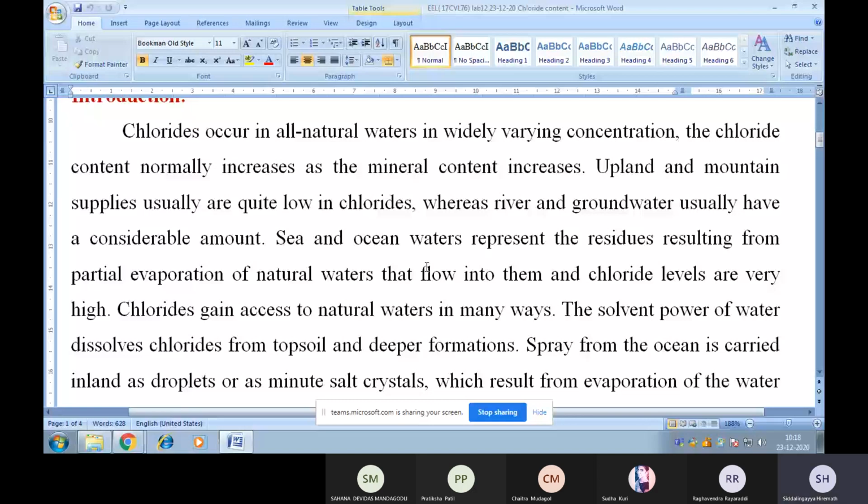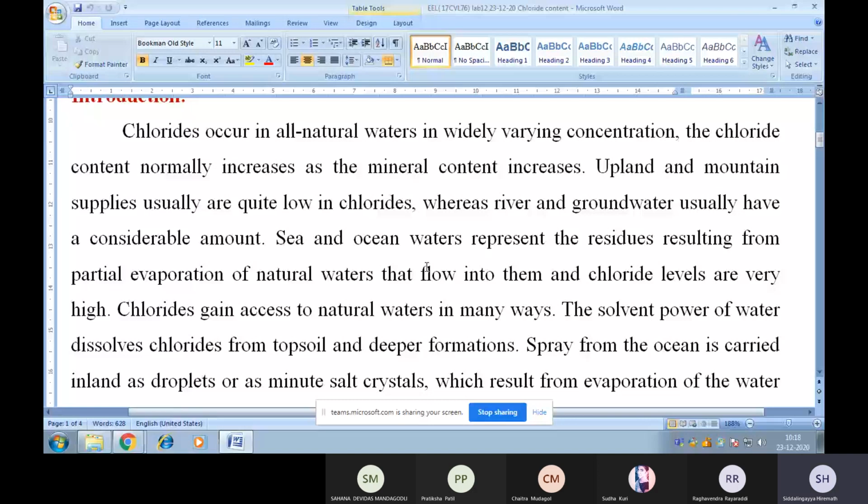Now add 1 ml of potassium chromate in it. This is the addition of potassium chromate indicator. Now, as you can see, there is a color change. There is a formation of yellow colored solution.